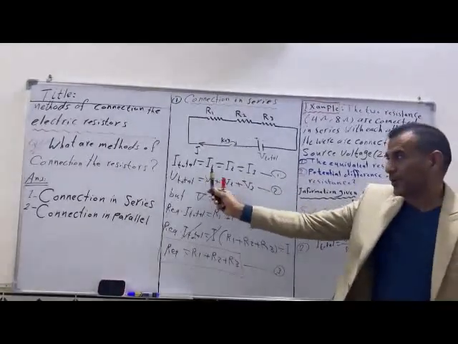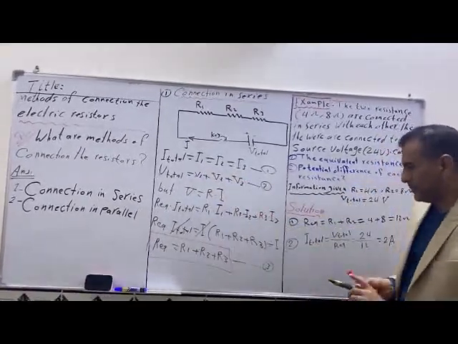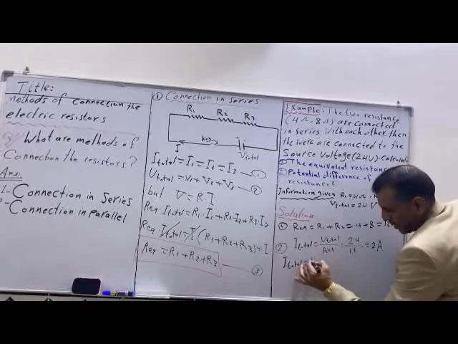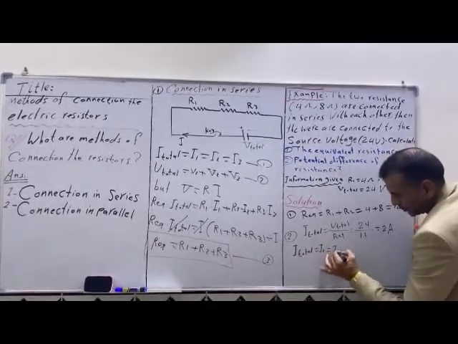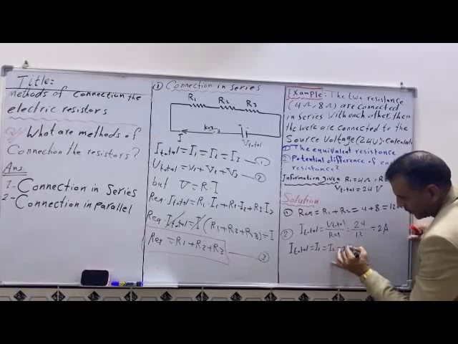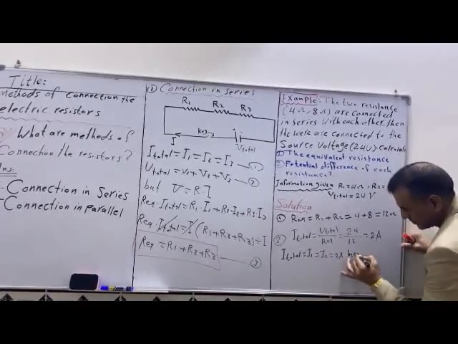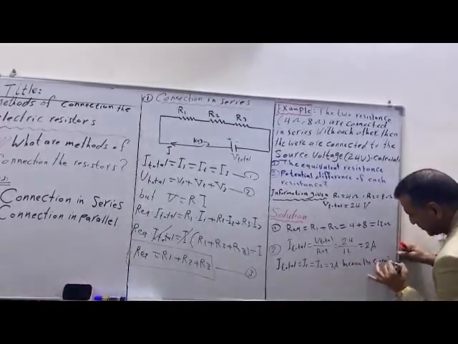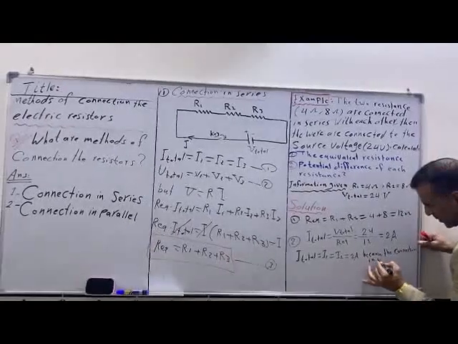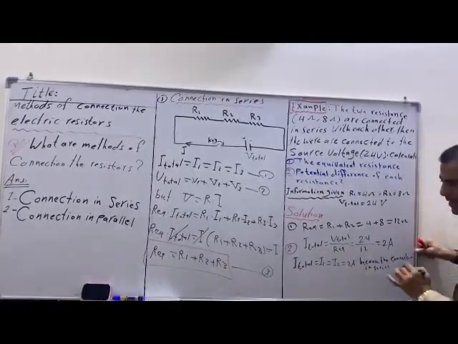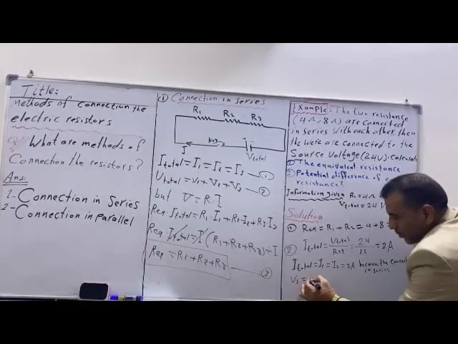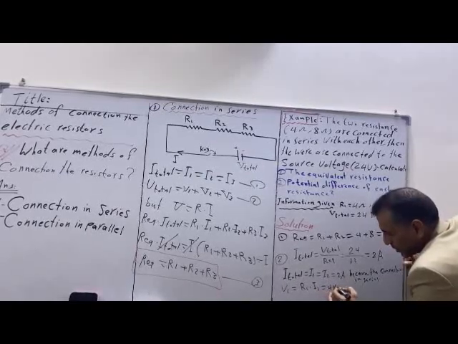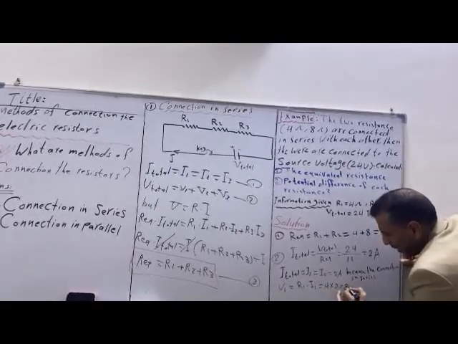I total equals I1 equals I2 equals 2 ampere, because of the connection in series. Now, V1 equals R1 times I1. R1 is 4, multiply 2, equals 8 volts.